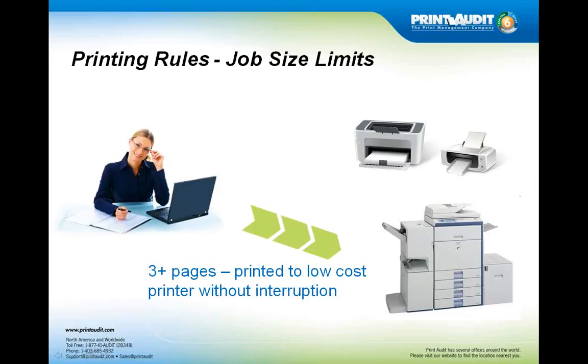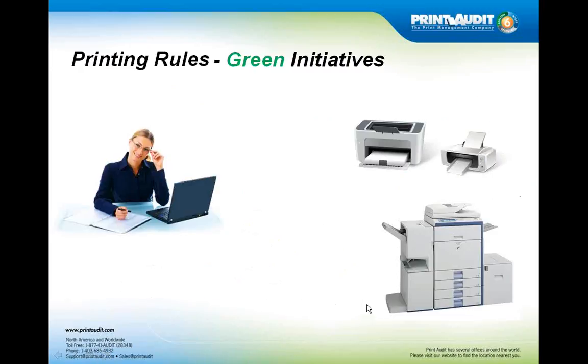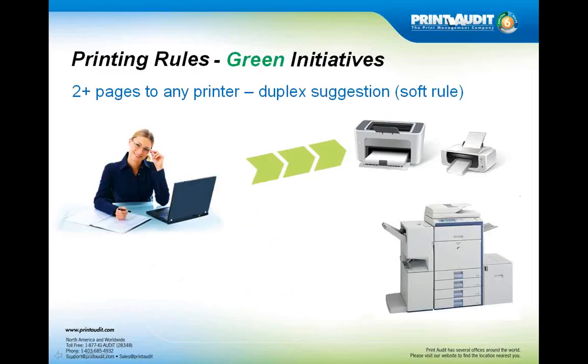Now, speaking of rules, well, there's more. Green initiatives are very popular these days, and they're a big hot button with companies, because many companies, even though they're not increasing capital expenditures, may be looking at ways to implement green initiatives. And this is a way to do so while saving the customer money. So that's one of the keys here, is that it doesn't really cost. And how do we do that?